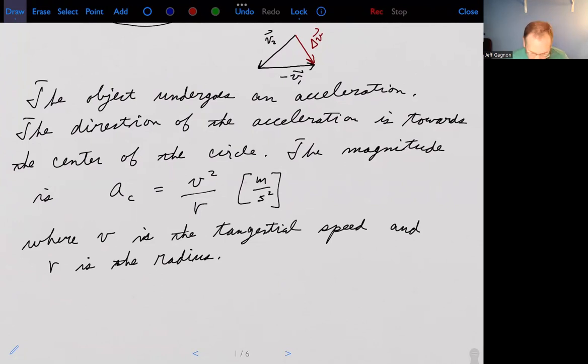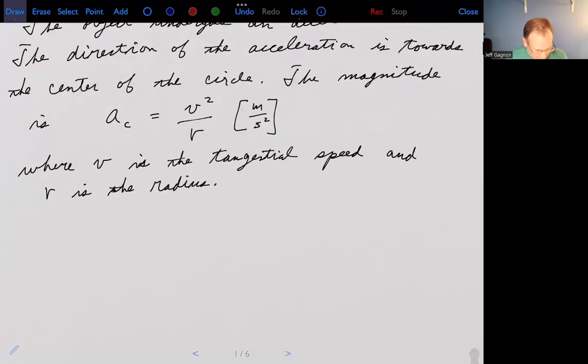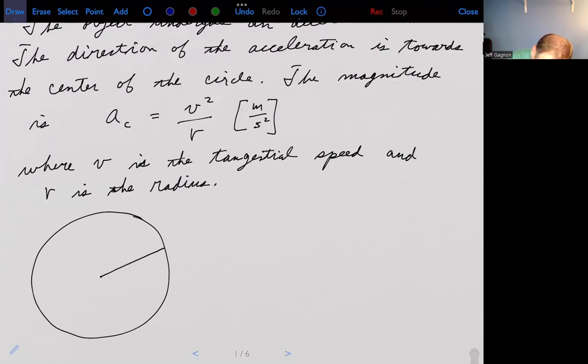All right, there's another way that we can actually represent the centripetal acceleration, and it's using something called the angular speed. So if I have, let me draw a circle again. Let's say the object is at this instant right here, moving with some velocity.